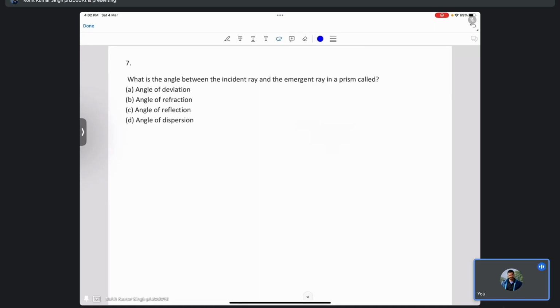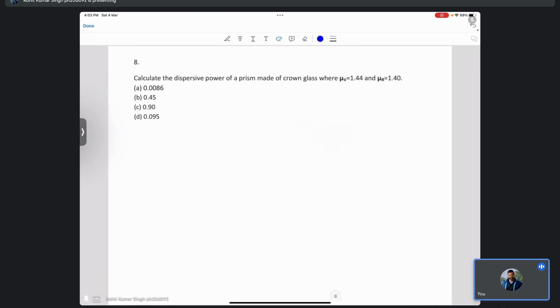Angle of deviation, obviously. I should have put this question first. Okay, this was a simple problem. It has nothing to do with anything.